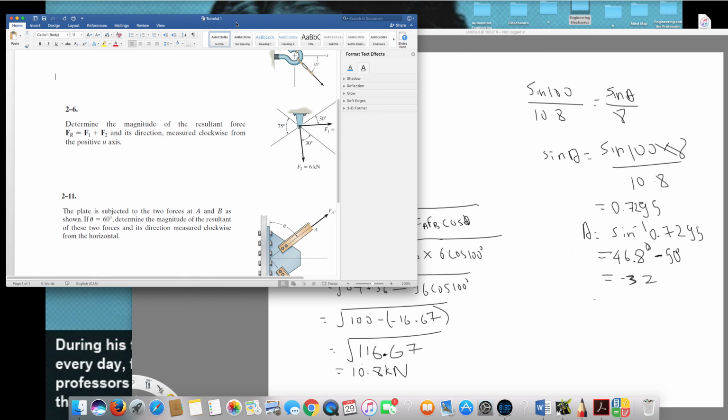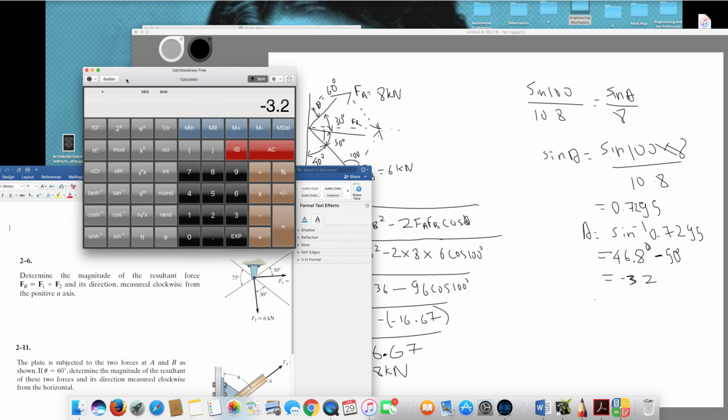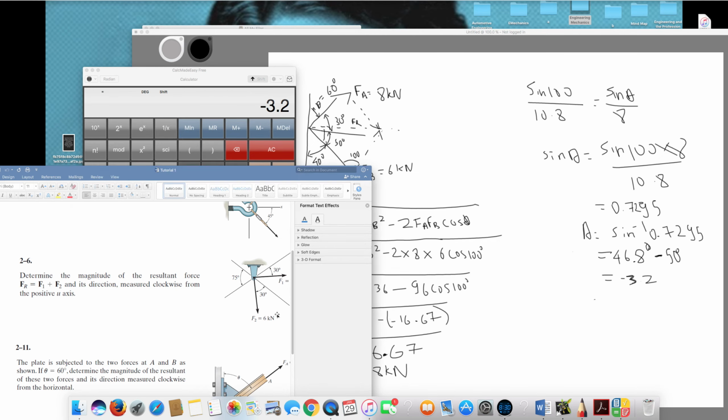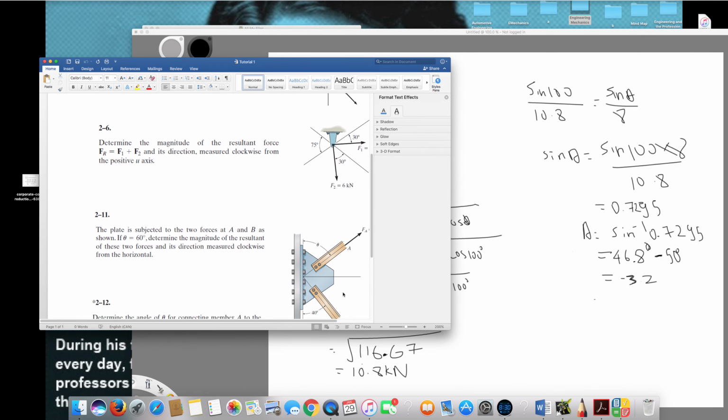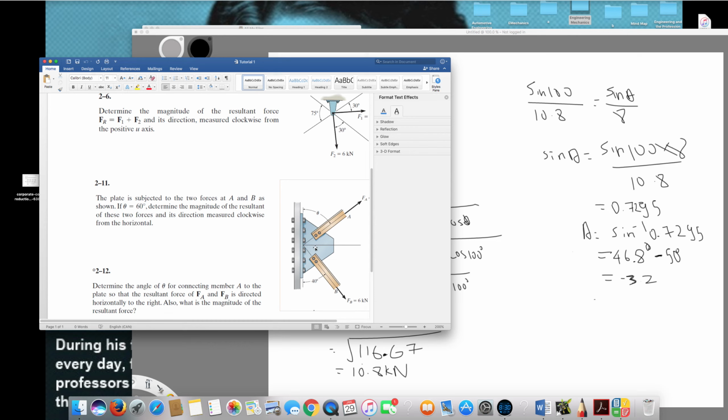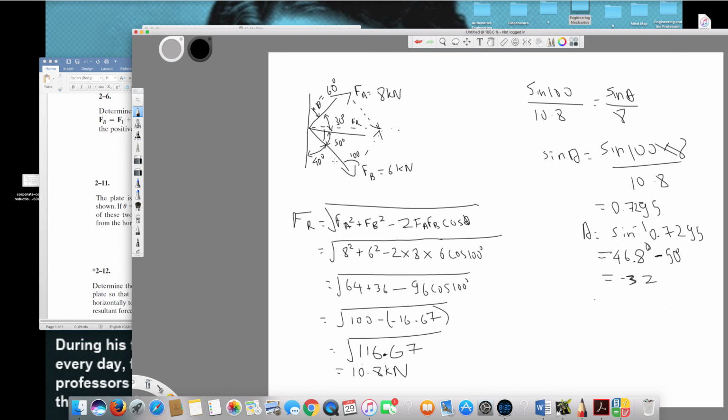So what that means is the angle is going to be 3.2 degrees. We took this side, so it's going to be negative 3.2 degrees. If that angle is making 46.8 with the radius and we deduct, it's 3.2 degrees downward from the x-axis. So that's going to be our angle.